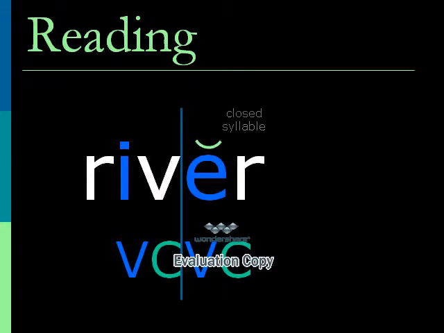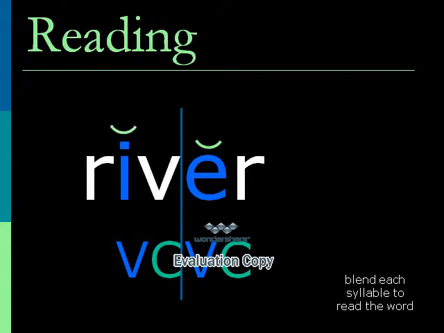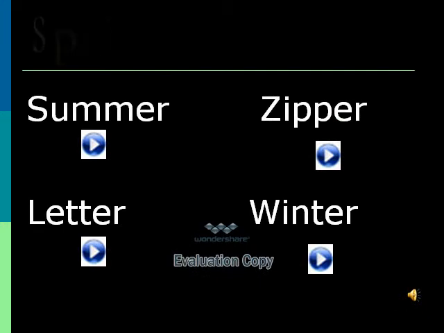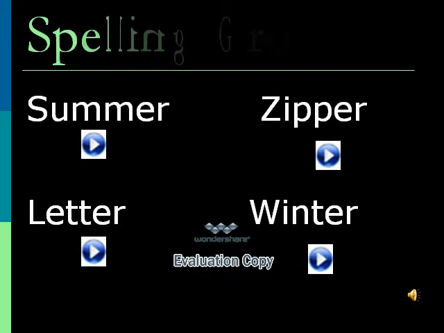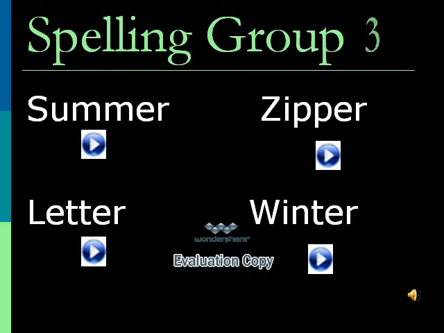The first syllable is riv, and the second syllable is er. And when you blend both of those syllables together, you have the word river. R-I-V-E-R, river.